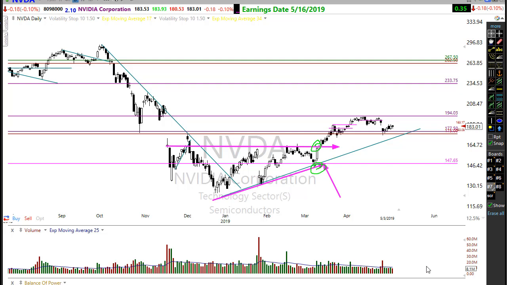Okay, so when you have those bottoming wedge type patterns, if they have nice big swings in them, sometimes you can take that early entry on that trade.